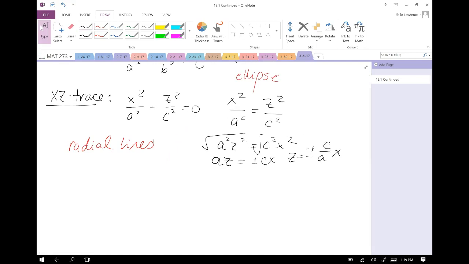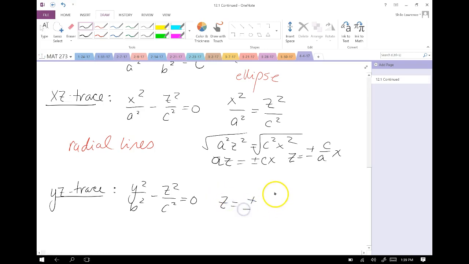And then look what happens when we set up our YZ trace. What is it? Same thing, except instead of the X and the A, we've got a Y and a B. So we get Z equals plus or minus C over BY.